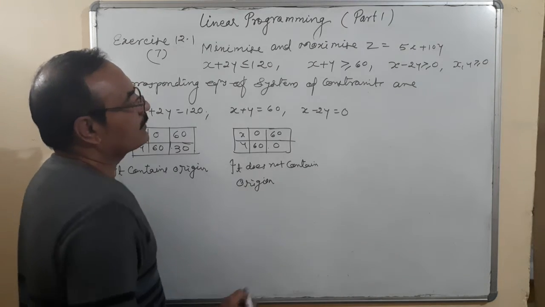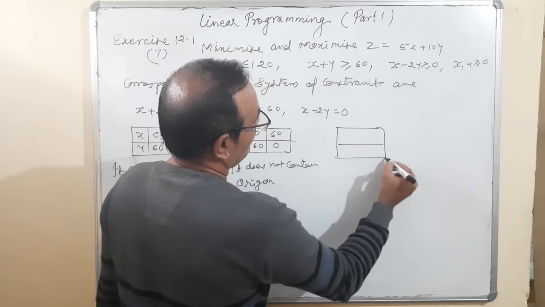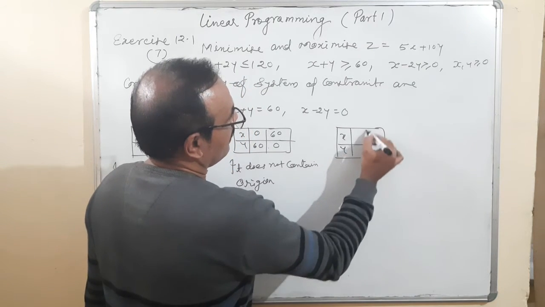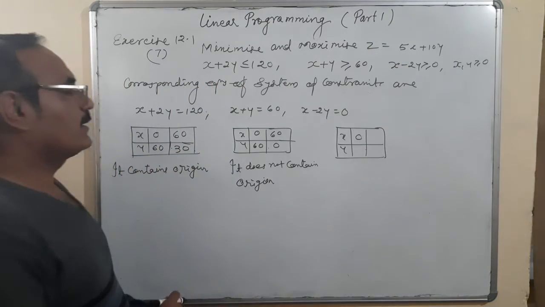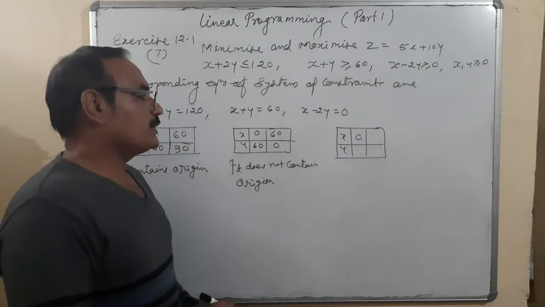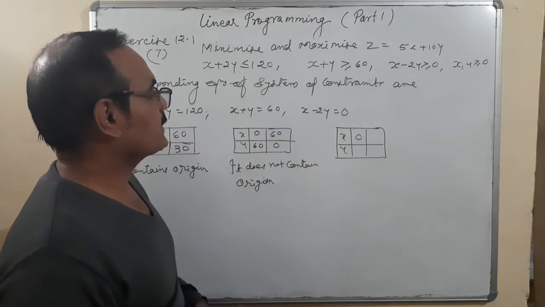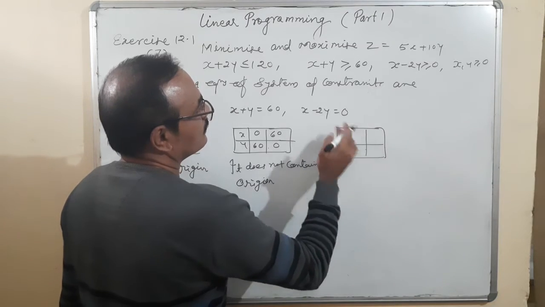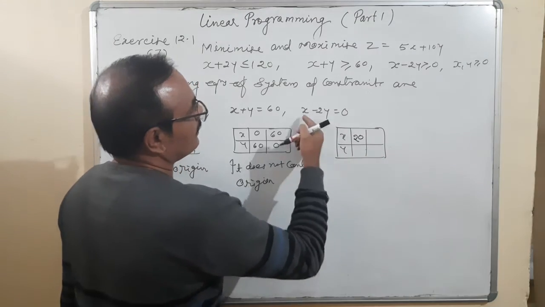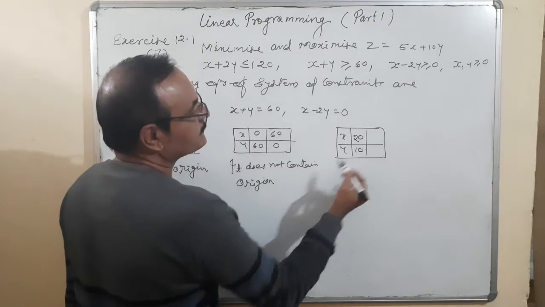Okay, third one. When I put x 0, here one thing is that it is 60, 30, so better to put x is equal to 20. When I put x is equal to 20, then y is equal to 10.